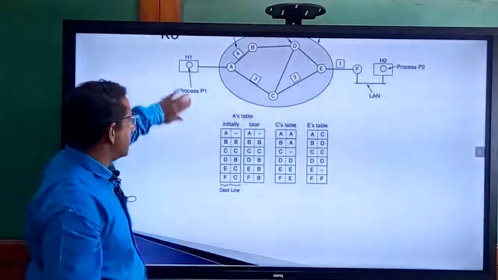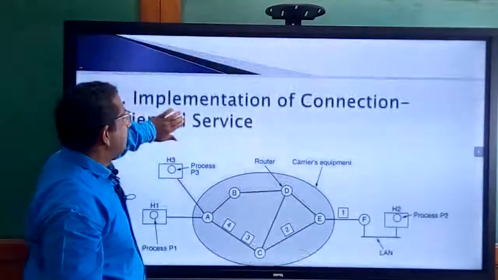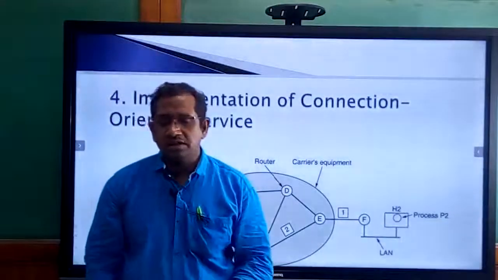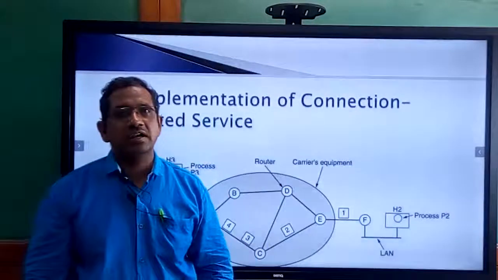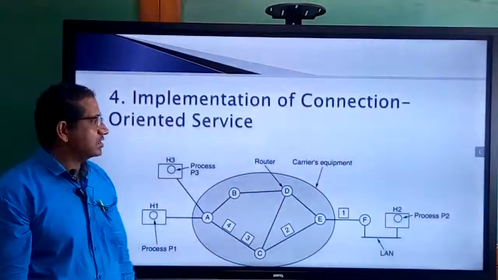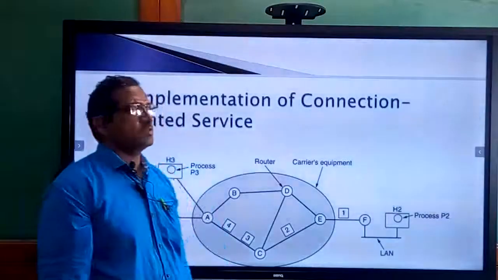This is connectionless service, and similarly we went through the connection oriented service. Connectionless service comes under the datagram networks, and connection oriented simply comes under the virtual circuits.